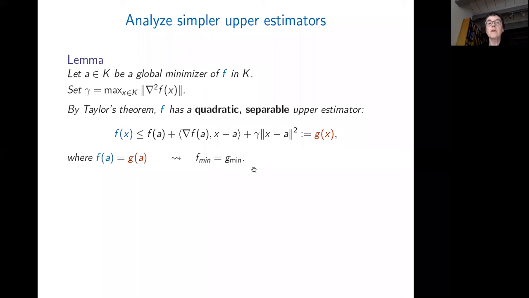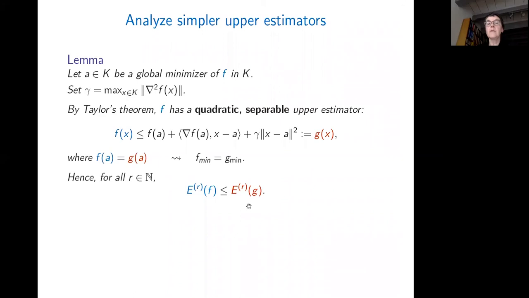So this is a very simple observation, but it permits us to conclude that the error of f, so this is the range between the bound f_r and the minimum of f, is upper bounded by the range for g. So if we can understand the behavior of the range for g, then we understand the error for f.